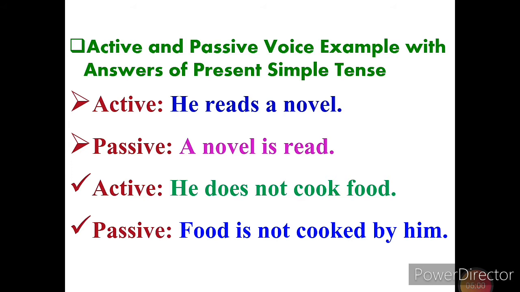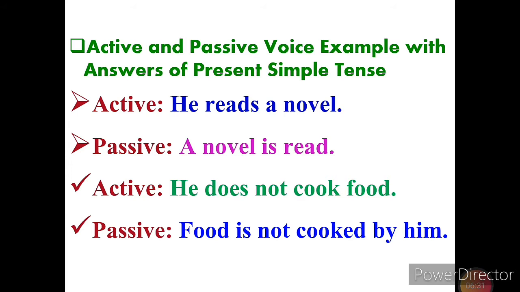He does not cook food. Negative sentence. When we change into passive, food is the object, he is the subject, does not is the auxiliary negative, cook is the verb. So food is not cooked by him.